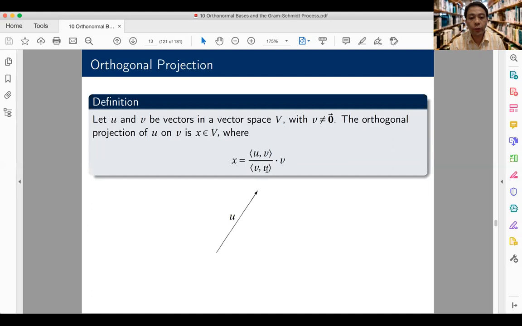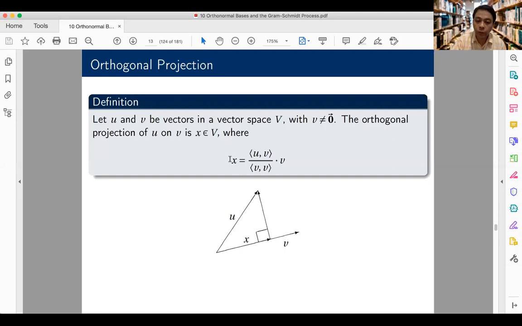If this is our vector U and this is our vector V, then the orthogonal projection is like U casting a shadow on V. So parang nag-cast siya ng shadow sa V, and that resulting shadow is the vector X. And from the head of X to the head of U, we get an orthogonal vector.